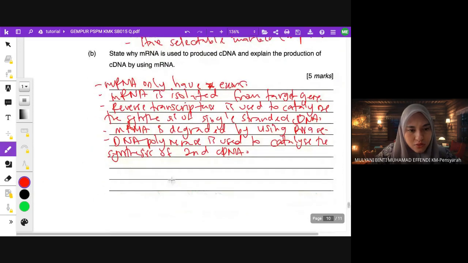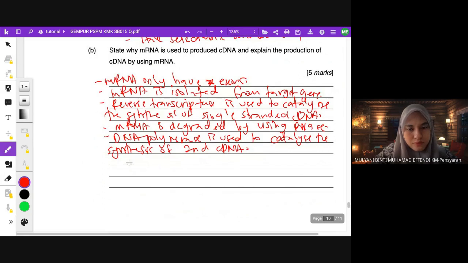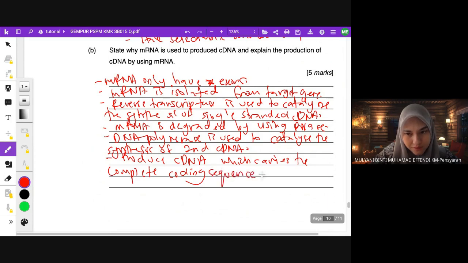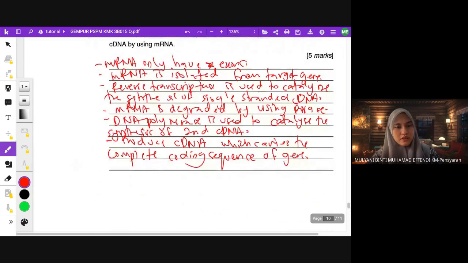Okay, so last point, produce cDNA which carries the complete coding sequence of gene. Macam itulah. Okay, so antara poinnya di situ.